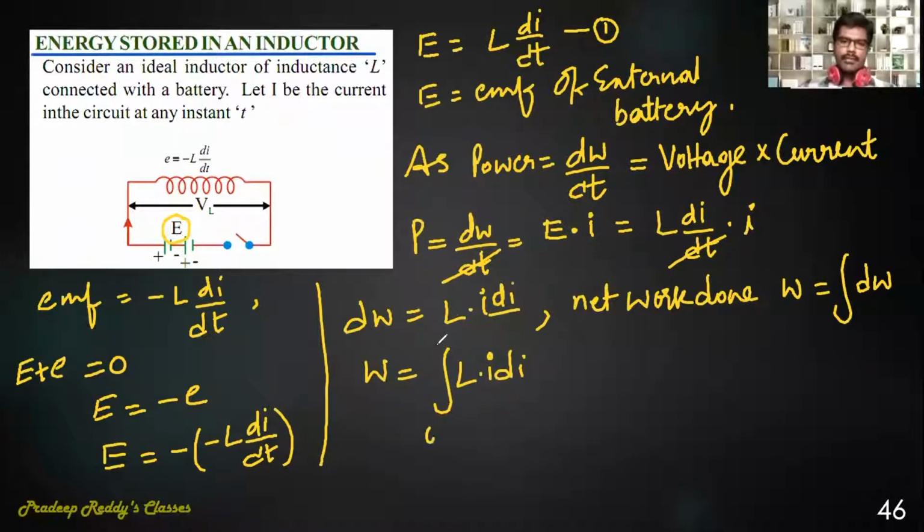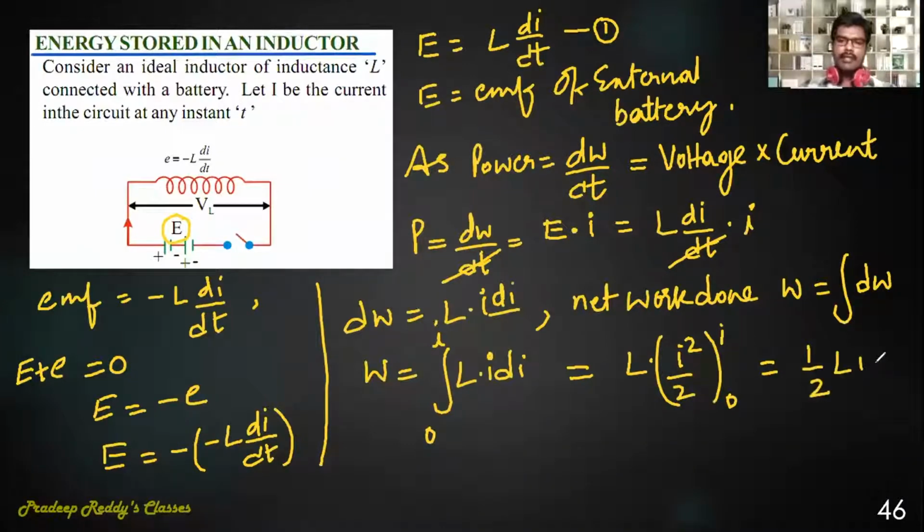Limits are from 0 to I, because current at an instant is 0, and after some instant of time, current is increased to I. L into I di integrates to I square divided by 2, with limits from 0 to I. This is half L I square. Therefore, work done is equal to energy stored in the inductor, and that energy stored is equal to half L I square.